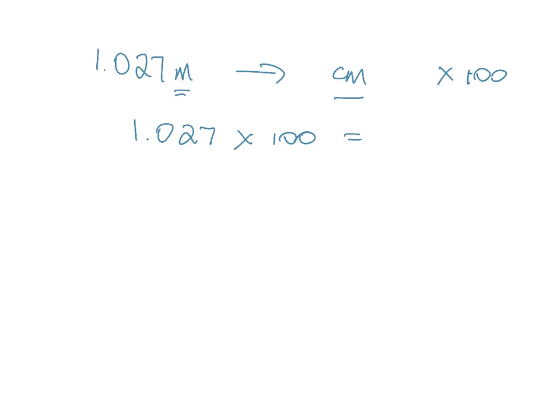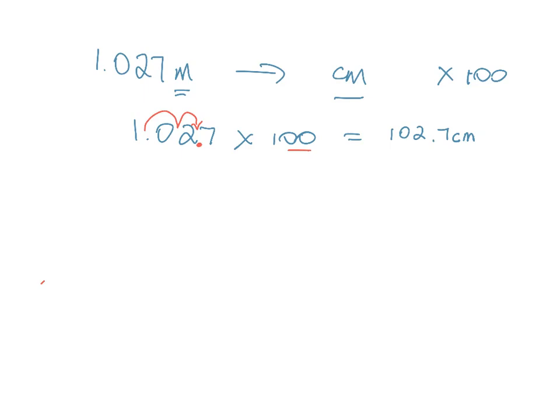Now let me just change pens. As you can see, we have 2 zeros. So what we could do is move this dot back, so go 1, 2, and the new dot sits here. So therefore our new number would be 102.7 centimeters. Same amount of distance, just expressed in a different form.